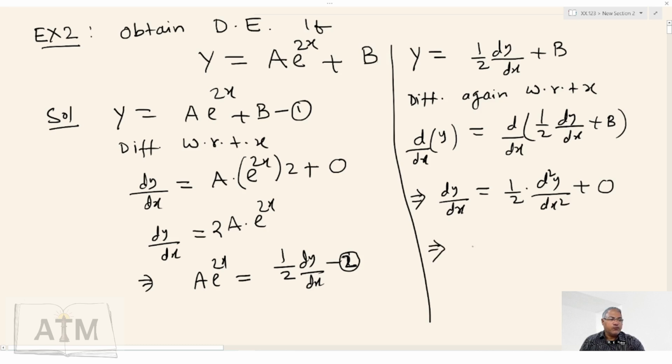Therefore, what is the final answer? The final answer is 2 dy/dx minus d²y/dx² equals 0, which is the required solution.